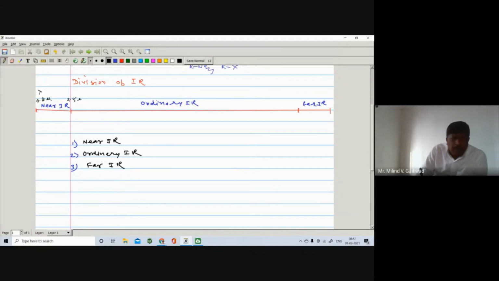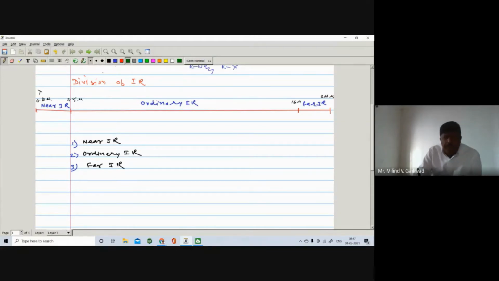Then 2.5 micron to 16 micron, and 16 micron to 200 micron.